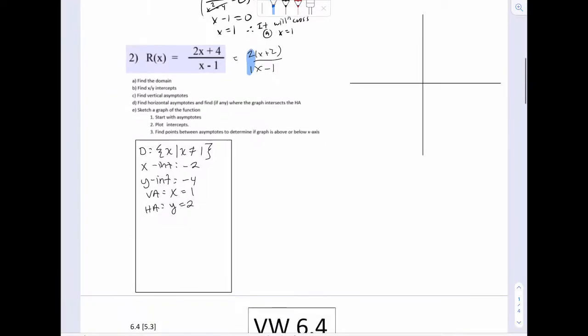And now we're going to check, will it cross the horizontal? So grab your function, 2x plus 4 over x minus 1, and make that equal to the HA value, which is 2.